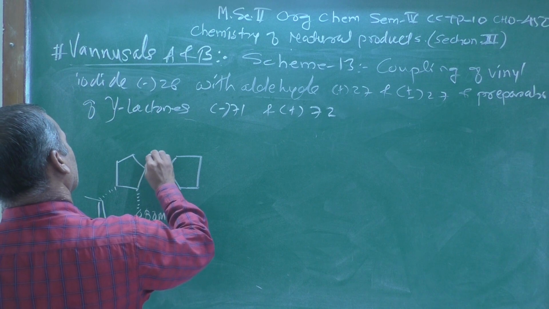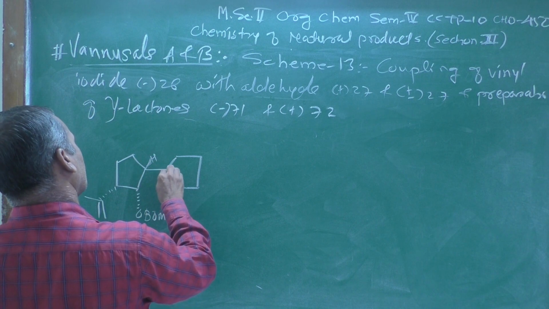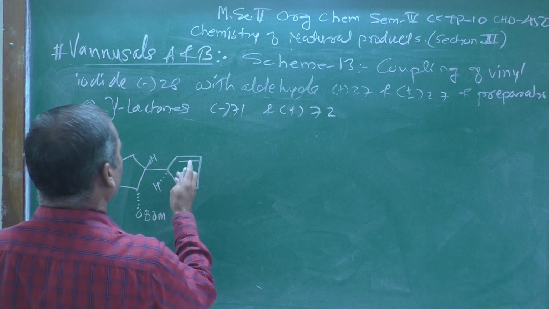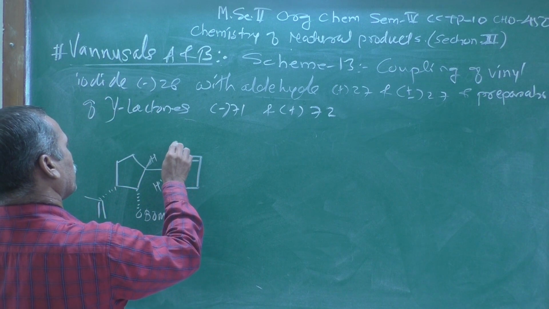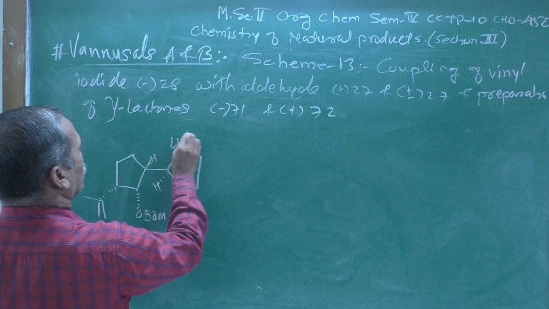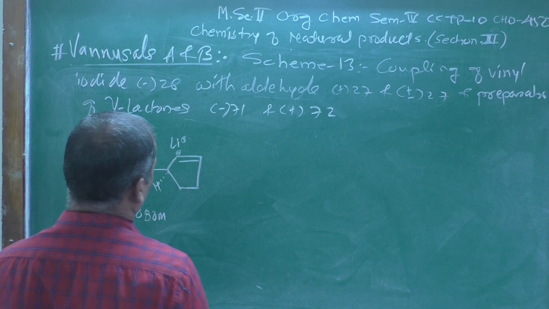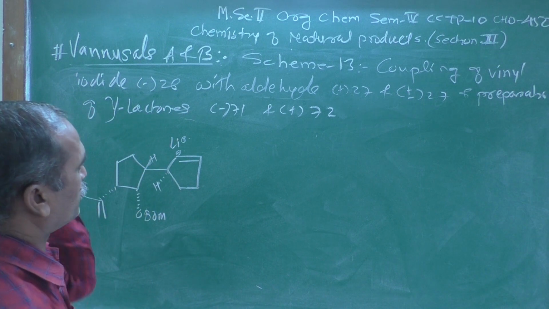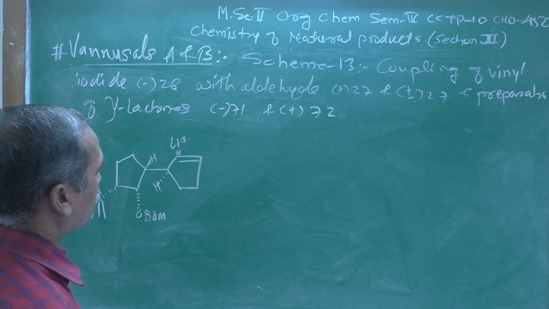Here a hydrogen atom remains as it is. Here also a hydrogen atom remains as it is. Here the double bond remains as it is, but here the lithium comes. Lithium, as we know, is positive, and here is the negative, right? A metal always carries a positive charge, and therefore we can show it like this.